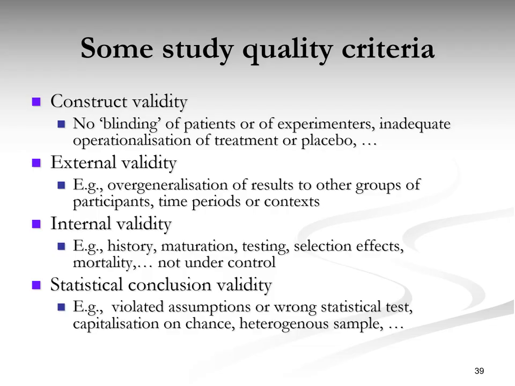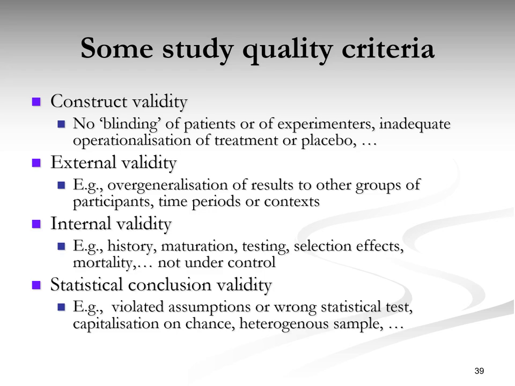Hard job. If you look at these tools, in general, these types of aspects come back regularly. Construct validity, which is about how the variables are measured. The external validity is about the generalization or the generalizability of the results.